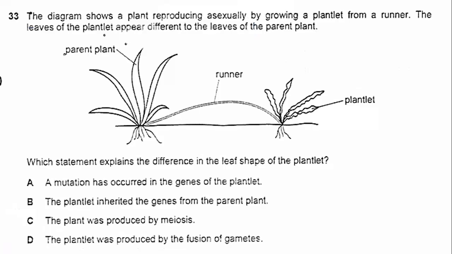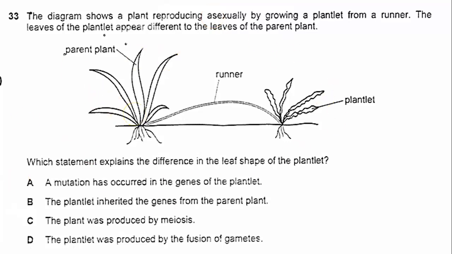Let's answer this question too. The diagram shows a plant reproducing asexually by growing a plantlet from a runner. The leaves of the plantlet appear different to the leaves of the parent plant. So here you see the plantlet or the daughter plant is different from the parent plant, though it should be the same because this is asexual reproduction.